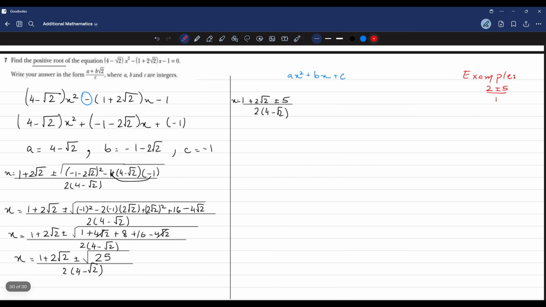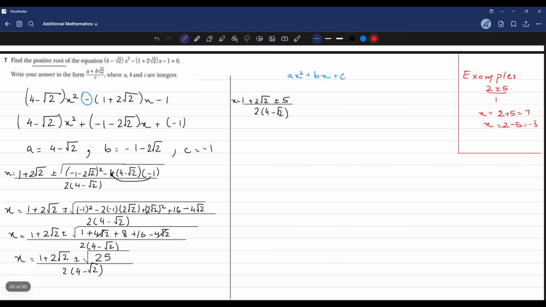So this is essentially 2 plus minus 5. So I would have two possibilities for x. So x is equal to 2 plus 5, or x is equal to 2 minus 5. So basically, I've got two possibilities, which are 7 or negative 3.